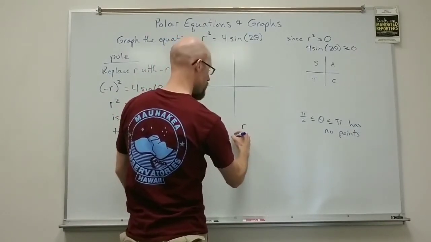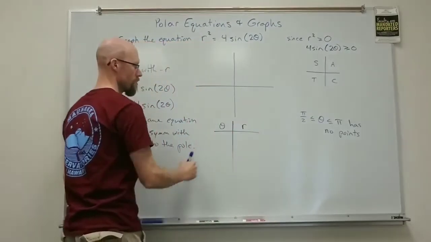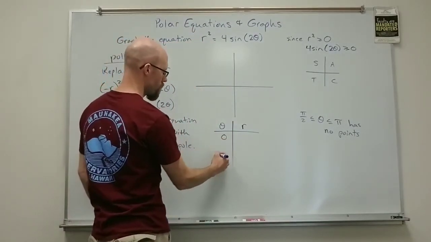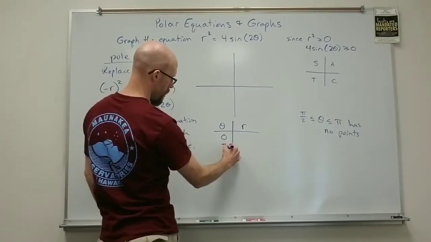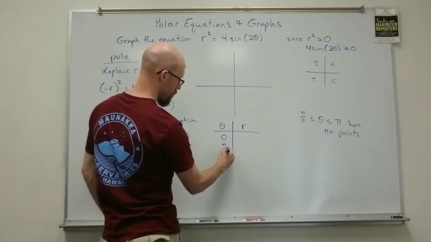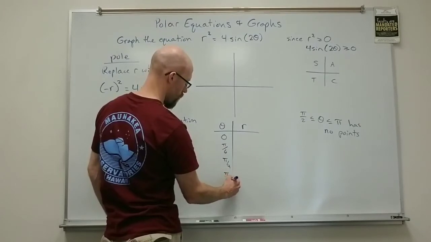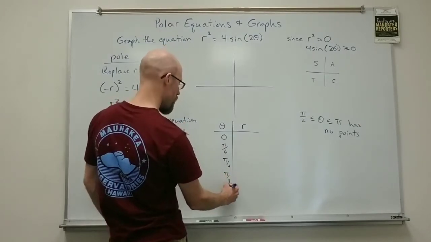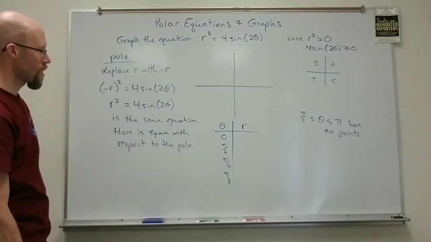I input thetas, I output r's. So if I put in a theta of 0, maybe a theta of, I don't know, pi over 6, let's do a 30-degree angle. Pi over 4 and pi over 3. Let's see what happens there.